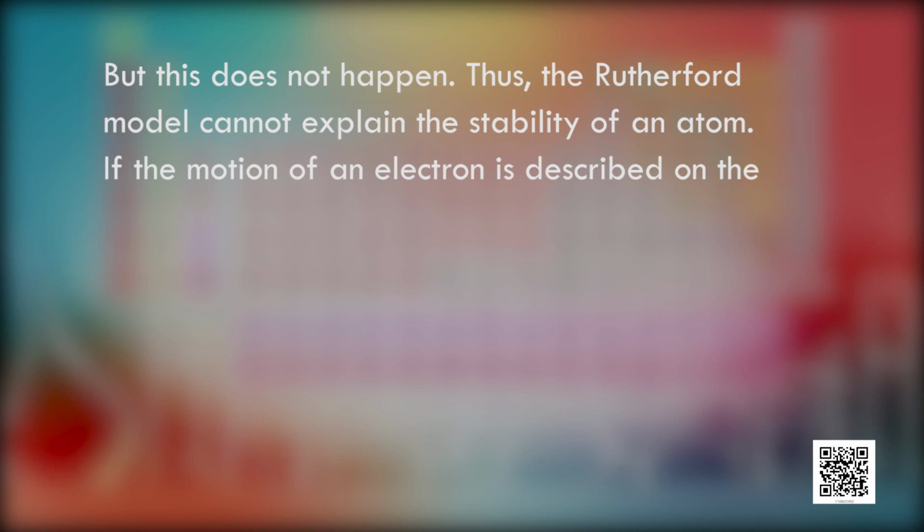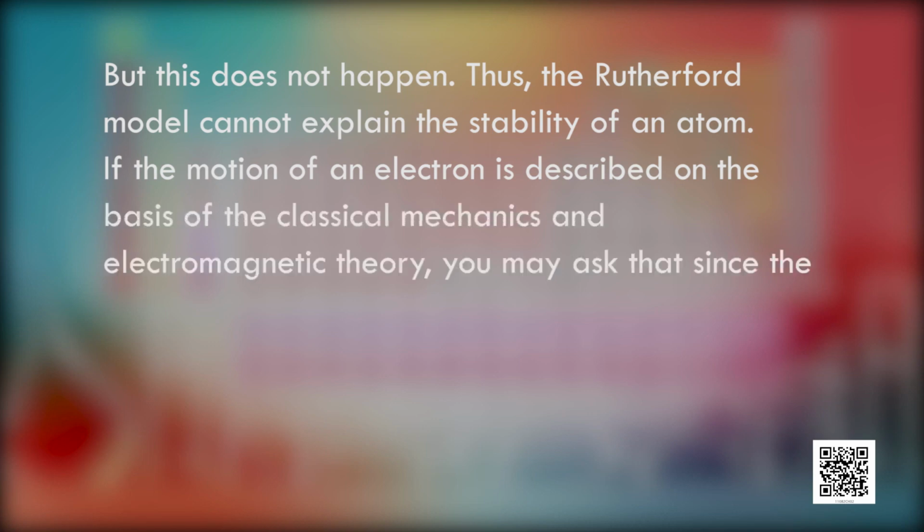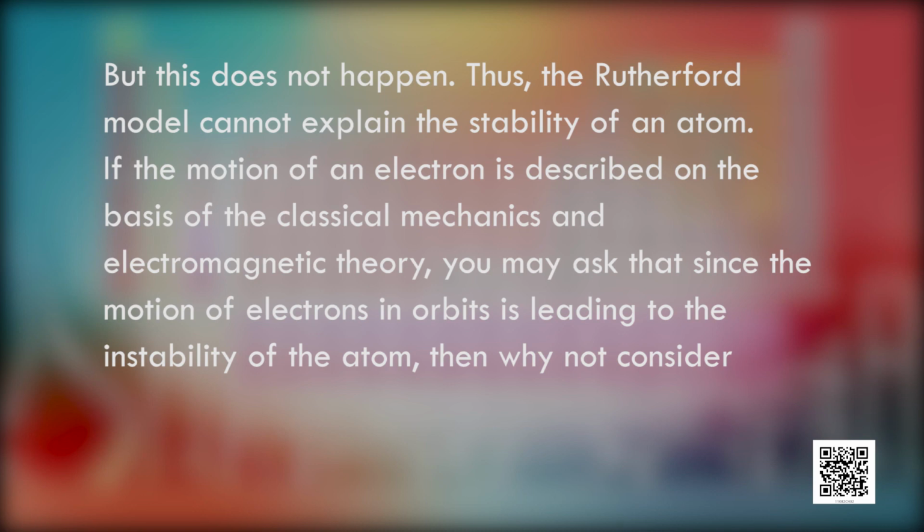This was a contradiction to Rutherford's model, and thus the Rutherford model could not explain the stability of an atom, if the motion of an electron is described on the basis of classical mechanics and electromagnetic theory.